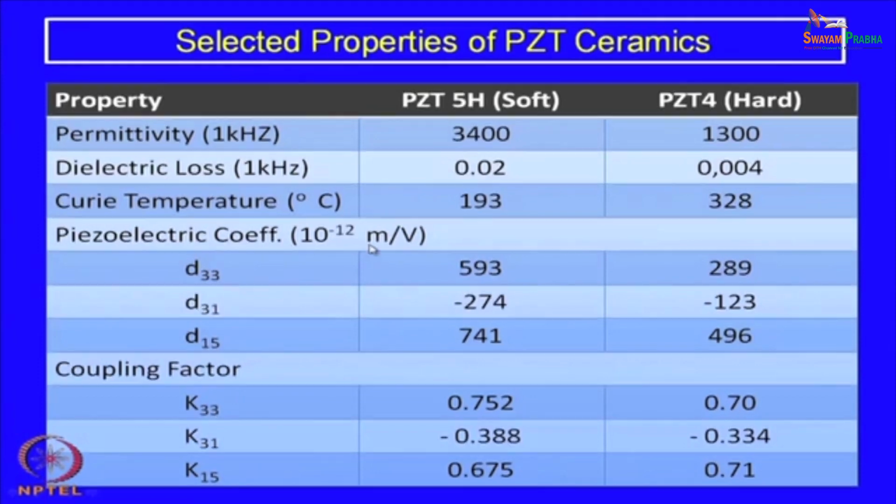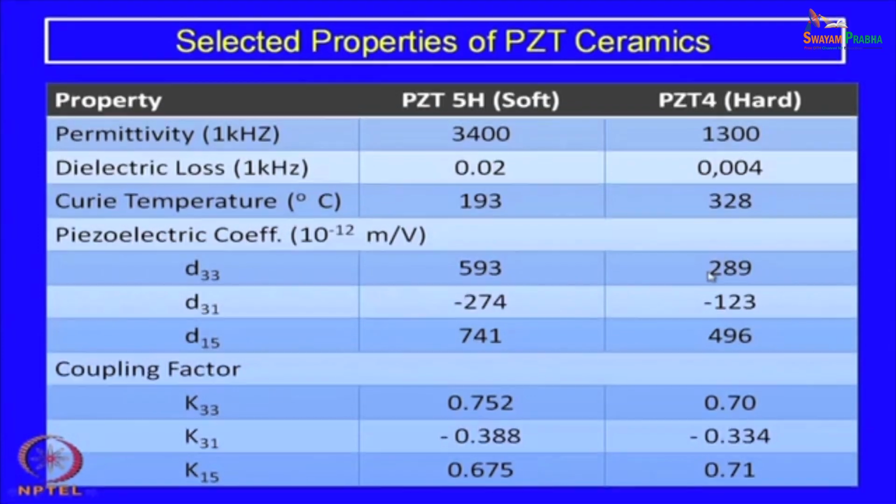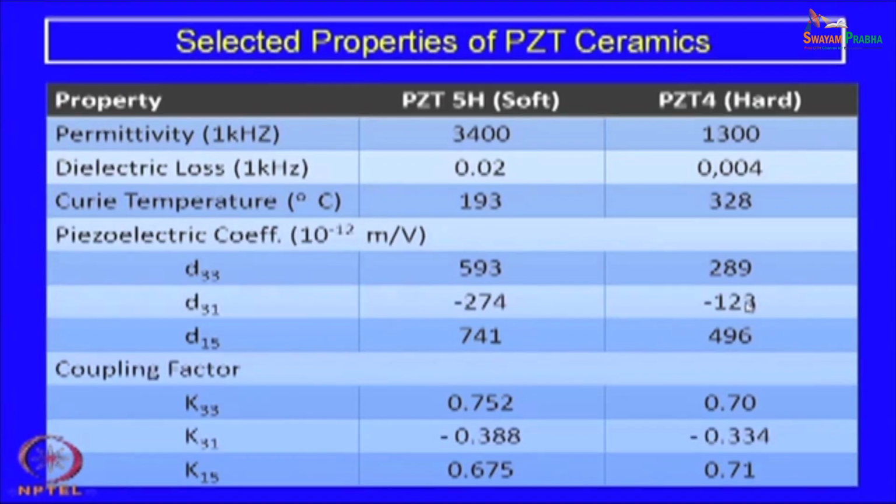Piezoelectric coefficient, there are 3 different coefficients reported here. One is d33, it is 593, and for this group of compounds it is 289. This is minus 274 and 123.